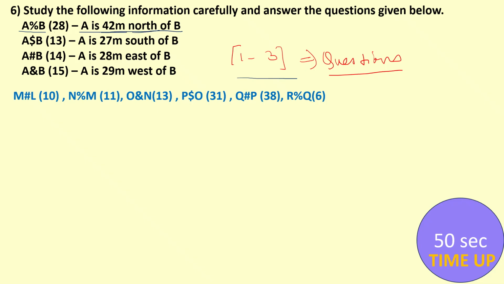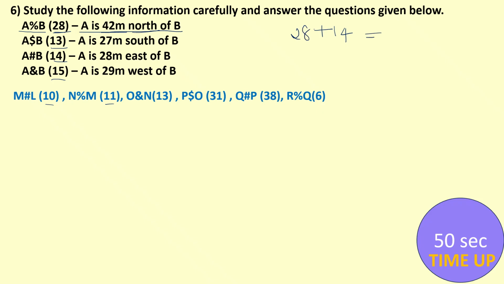But what are these new numbers? That is 28, 13, 14, 15. And here also you can see 10, 11. So what are these numbers? There is some logic here. The logic is that when you add 14 to 28, you will get 42 meter.